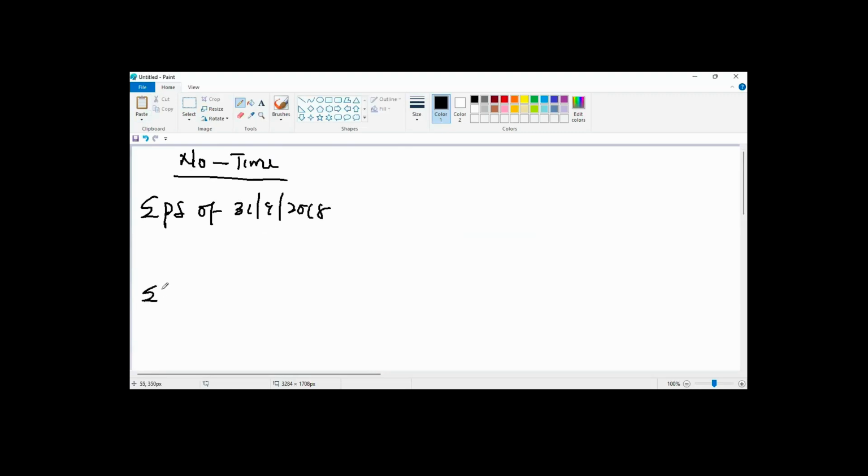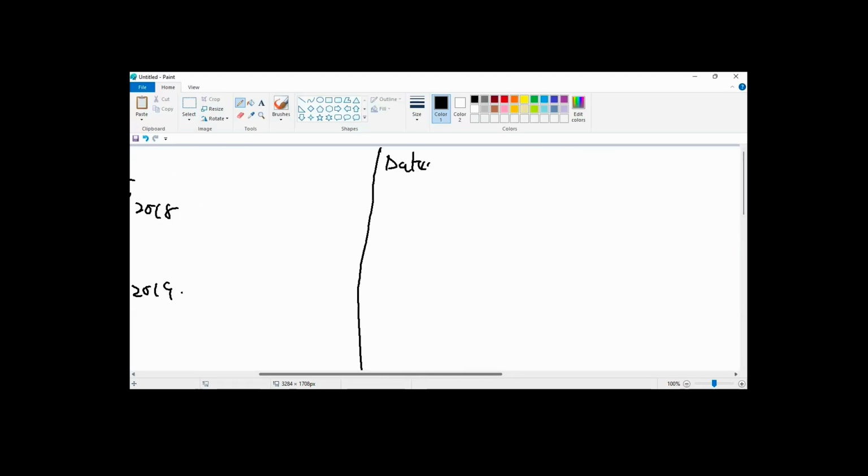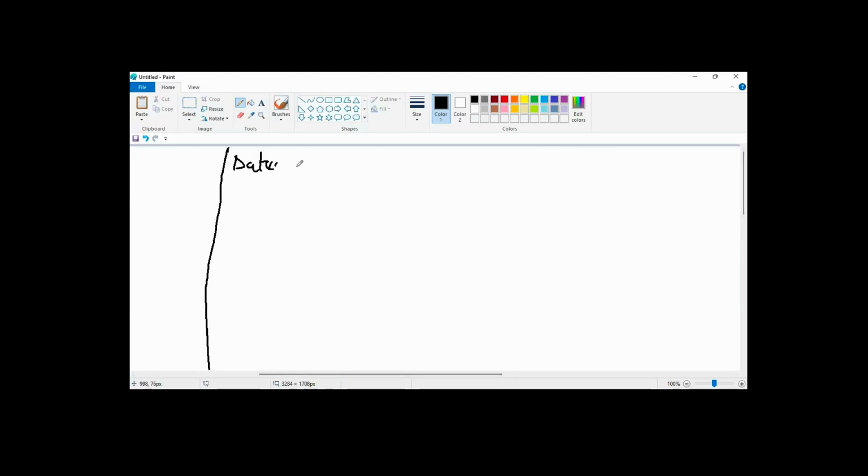He also asked me to calculate earnings per share of 31st September 2019. So, what do I need? The same dates. After my dates, I need my details.